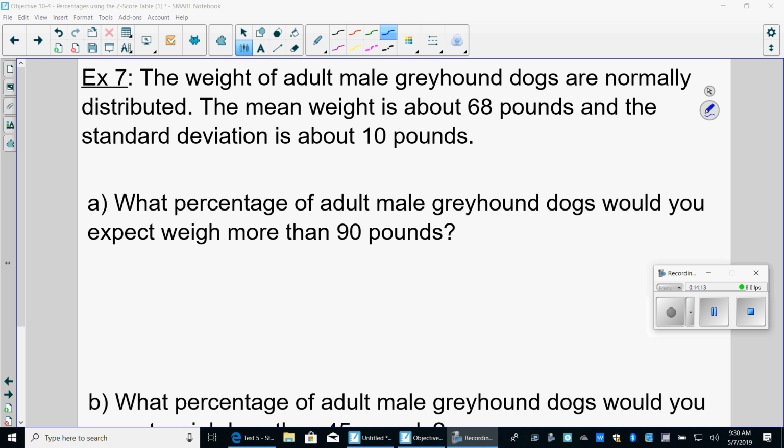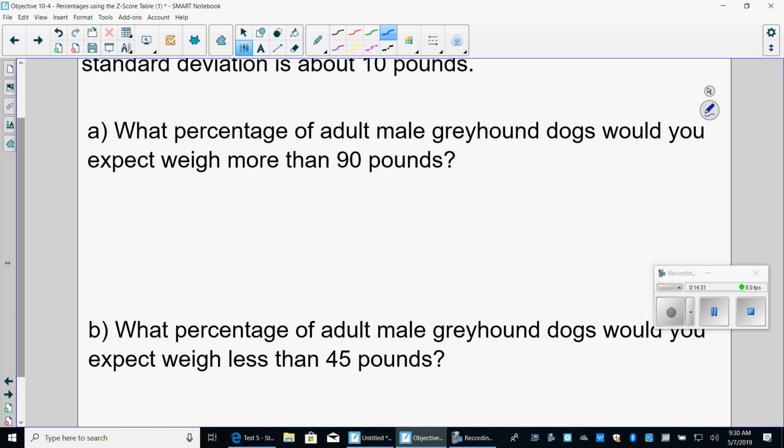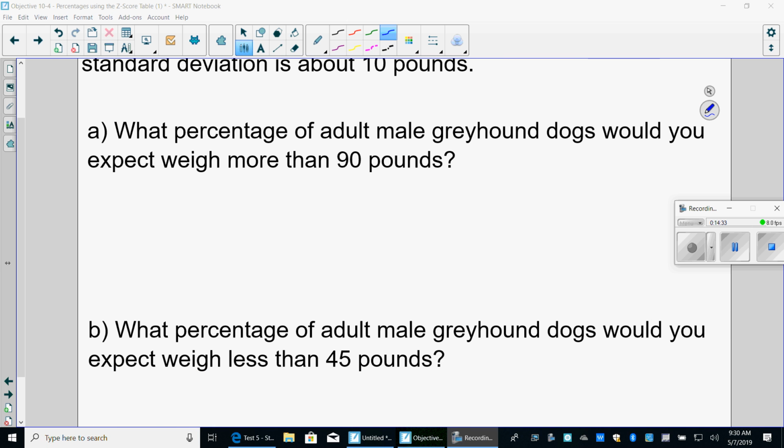Draw your bell curve, find your z-score, use your table, and find the percentage, not probability, that it's more than 90. Then answer part B: find the percentage that they would weigh less than 45.